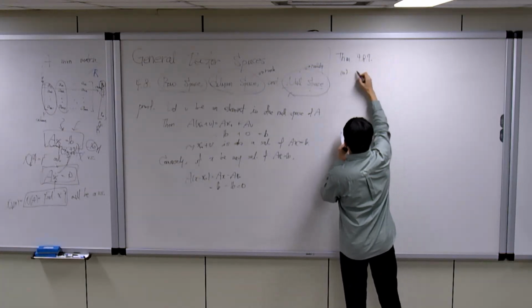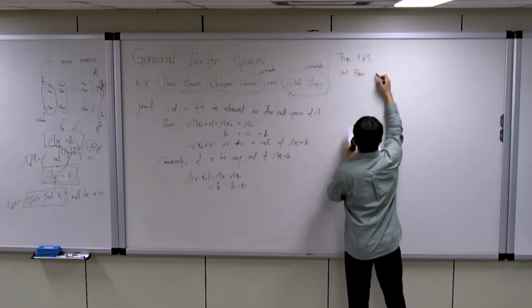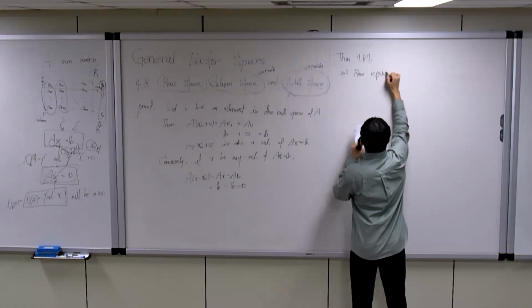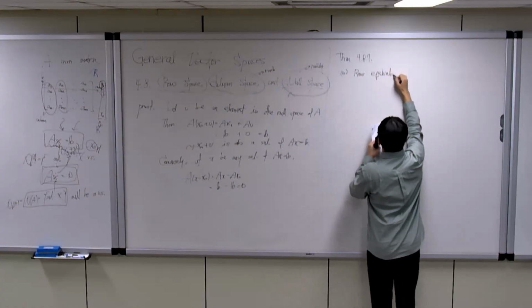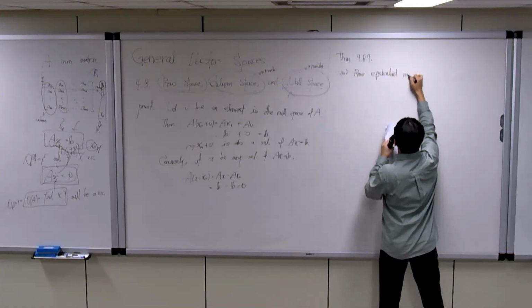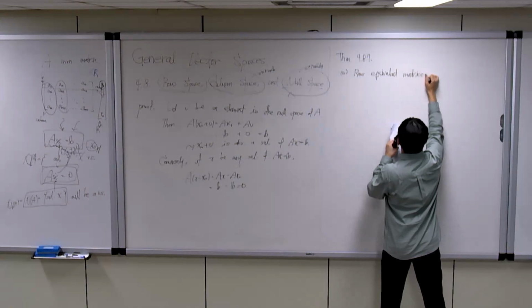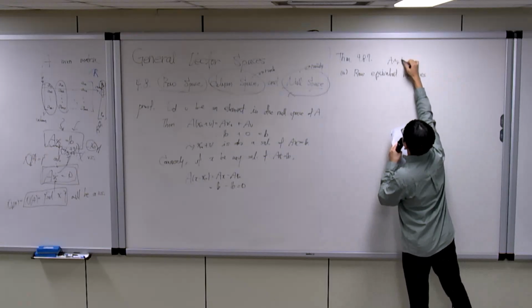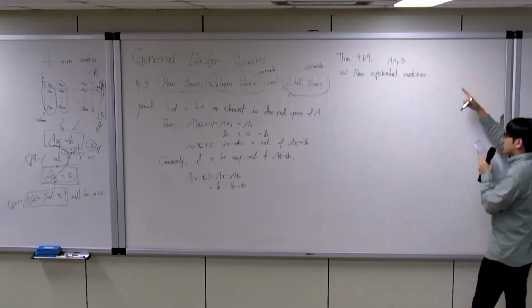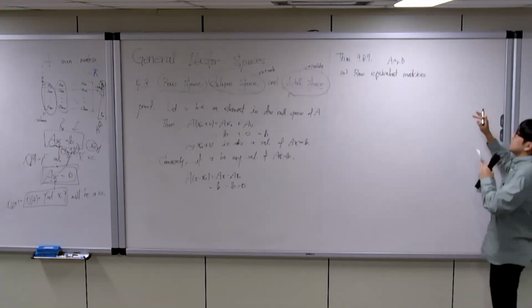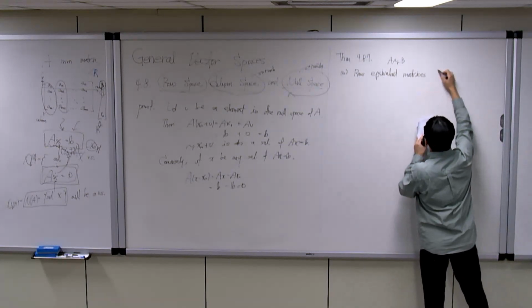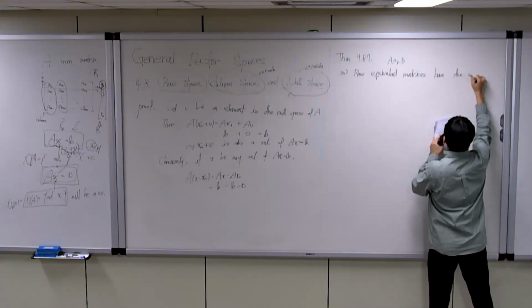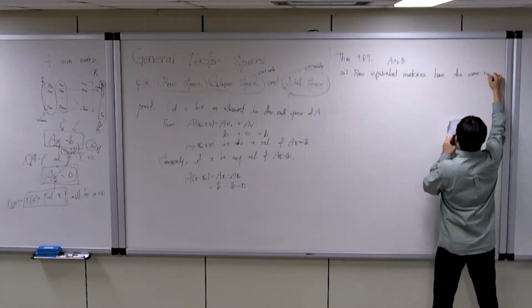Firstly, row equivalent matrices. If two matrices A and B are row equivalent, then they have the same row space.